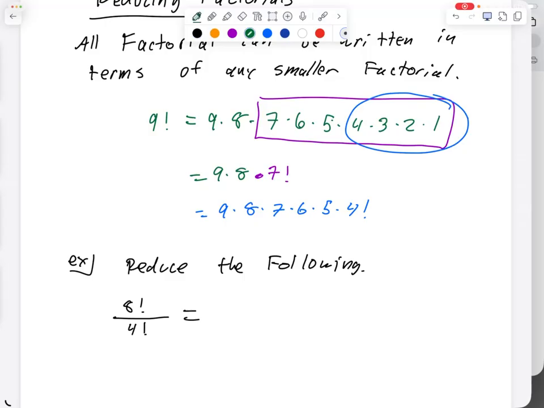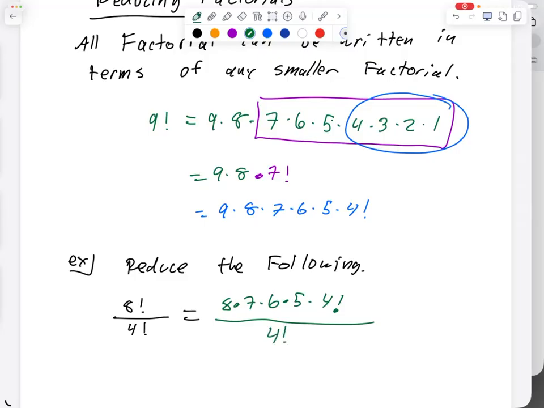Can I write 8 factorial in terms of 4 factorial? The answer is yes. 8 factorial is the same thing as 8 times 7 times 6 times 5 times 4 factorial.